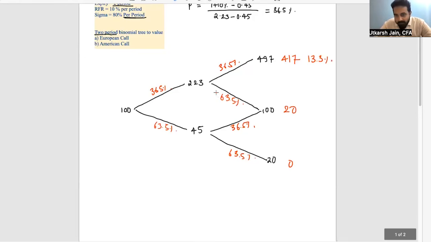Then 36.5 into 63.5, 0.365 into 0.635, is 23.18 percent. We'll have to double this because it's a double node, right? Once from top to bottom, once from bottom to top. So it's kind of being repeated twice. All right, and the last probability is 0.635 squared, which will be 40.32 percent.